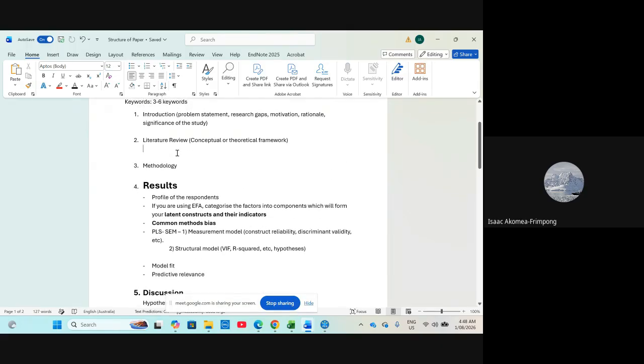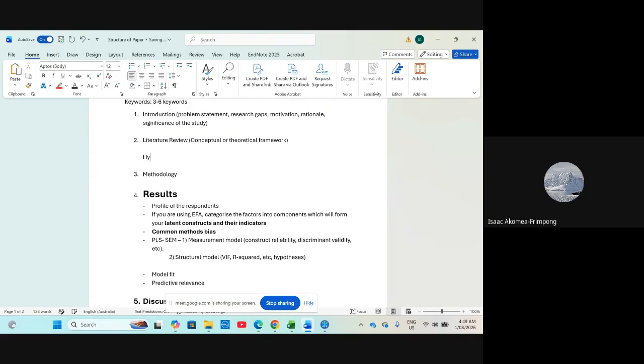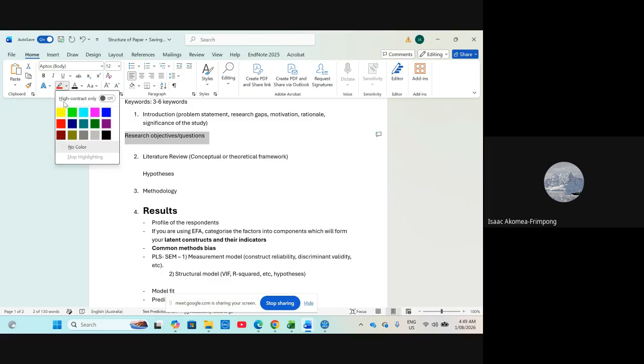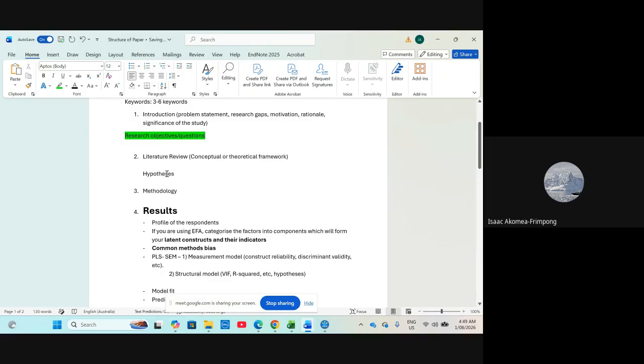Remember, in the literature review section, you develop your hypothesis. Do you remember? Or if not hypothesis, just go back to the introduction section. You have your research objectives and questions. So these two things, your research objectives and questions, you can look at it from here, or you can look at it from the literature review section, your hypothesis.